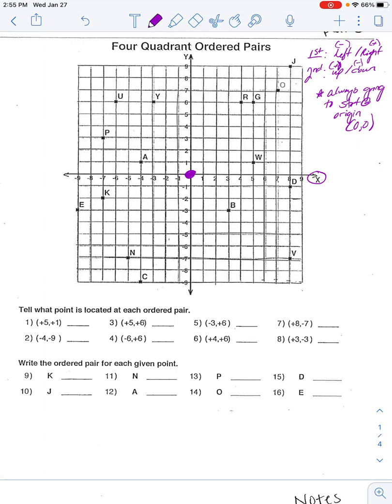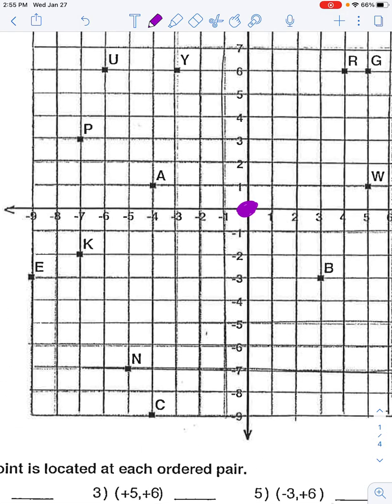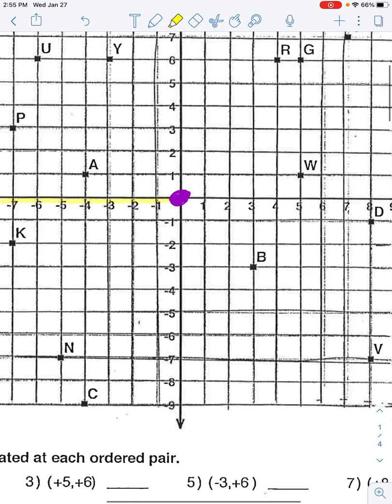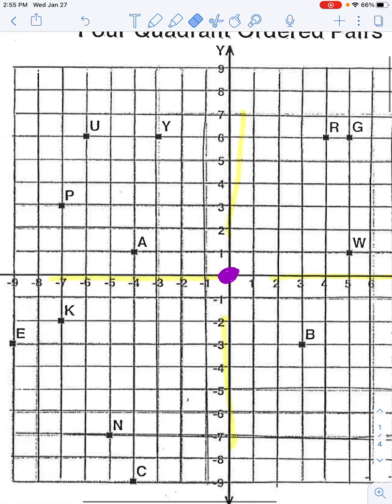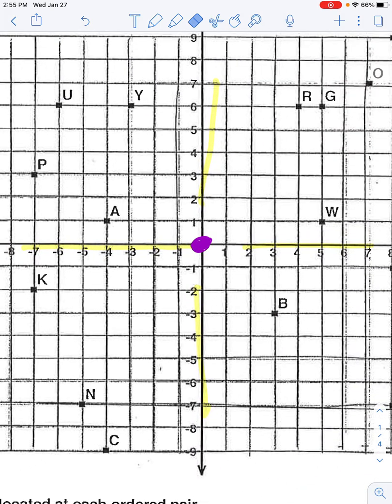So again, you're always going to go left and right first. If you look left of the home base, those are negative numbers. If you look to the right, they're positive. Then you're going to go up or down. Up is positive, down is negative. I think we probably know that much from elementary school.